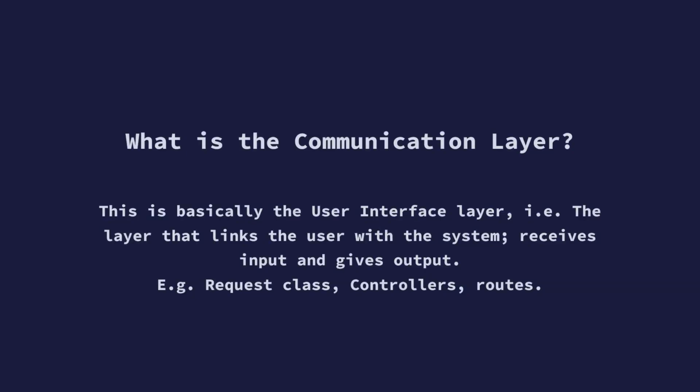The main purpose of the communication layer is to receive an input and then give the output to the user. This layer consists of things like request classes, controllers, and routes. So this is the communication layer.